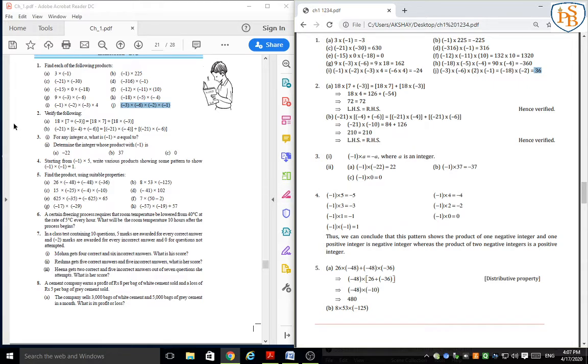Okay, we will explain it again. Verify the following. A, 18 into the bracket 7 plus negative 3 is equal to 18 into 7 plus 18 into negative 3. How can we solve this? Instead, I can also solve 7 plus negative 3, that is 4, so 18 fours are 72.